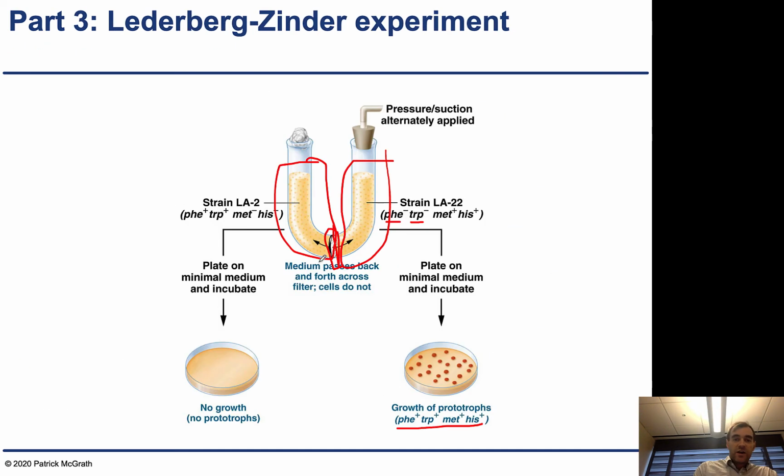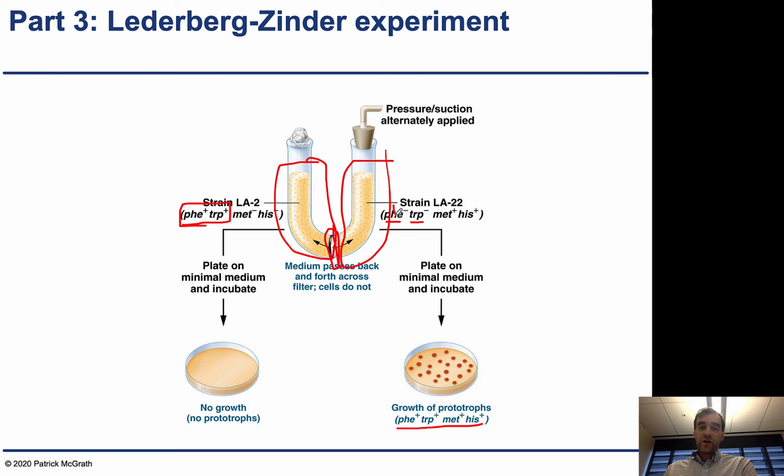The idea behind this experiment is that these bacteria underwent infection, and at a small rate, viral particles were produced that had the wild-type alleles of these two genes, and then the viruses were able to pass across this filter, and so they were able to infect these bacterial cells and supply them with wild-type alleles that were then integrated into the host genome.